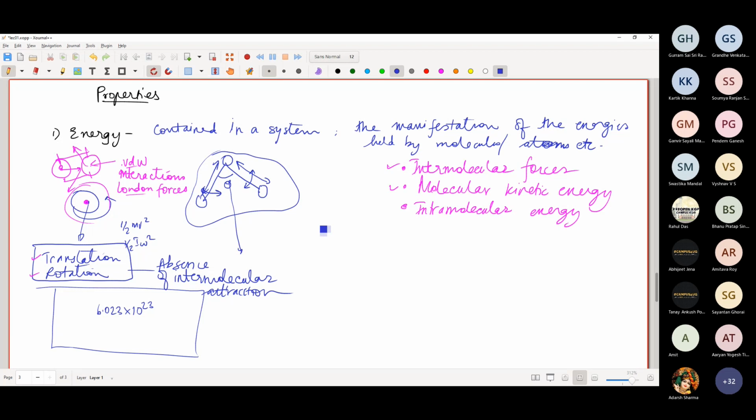So suppose this is the plane, this is one molecule, this is the other. Well, two vectors will always form a plane. If you have something which comprises four molecules, these are out of plane. This can go towards the plane, this can come towards the plane, and again go away from the plane as well. So all such modes which are not per se related to the movement of the center of mass are all clubbed together in the description of the intramolecular energy. And so the culmination of all of this is in the form of internal energy.